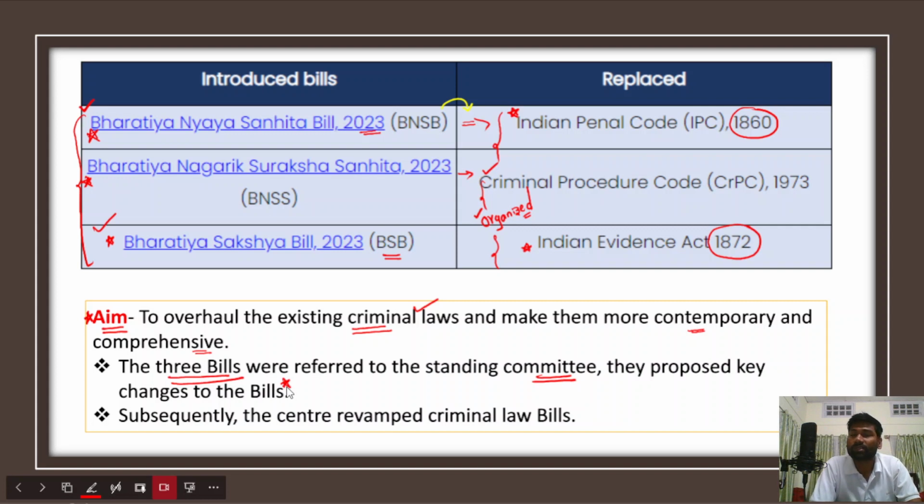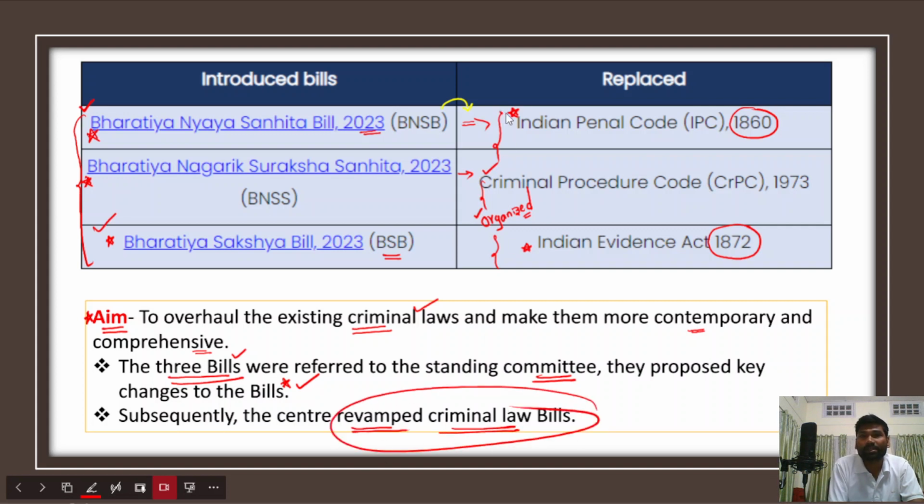The standing committee assesses and scrutinizes different provisions in these three bills, and accordingly it also suggests certain recommendations, and those recommendations were proposed in these bills. So subsequently, the Center revamped these criminal laws and introduced these three criminal law bills. So this is the basic essence of the criminal law bills or Bharatiya Nyaya Sanhita.